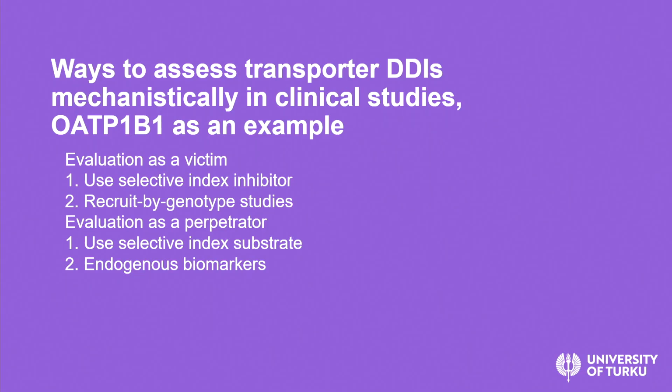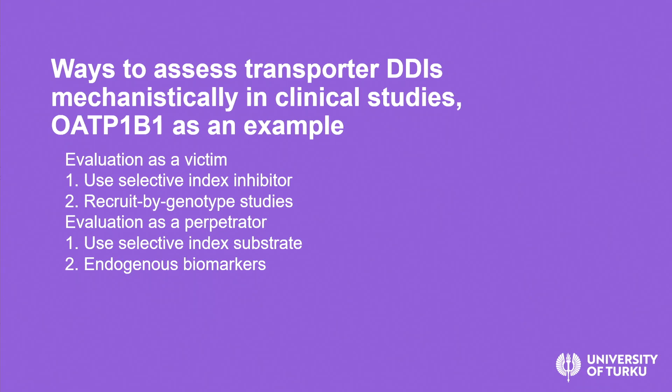But how do we then assess transporter DDIs and gain mechanistic understanding in clinical studies? I'm using OATP1B1 here as an example because it's one of the most well characterized. And there are, of course, two options here. We can evaluate a drug as a victim of an interaction or as a perpetrator in an interaction.